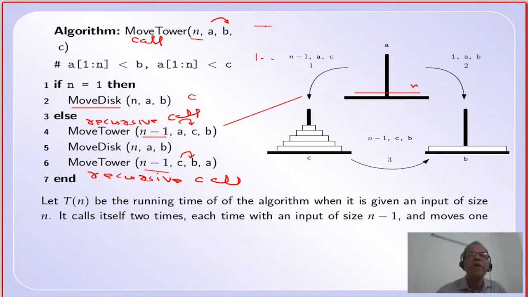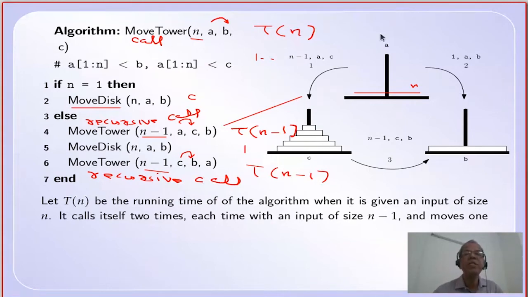If the running time of move tower, the call, is t of n, the running time of the recursive call at line 4 is t of n minus 1. The running time of the recursive call at 6 is also t of n minus 1. And there is a constant time here.